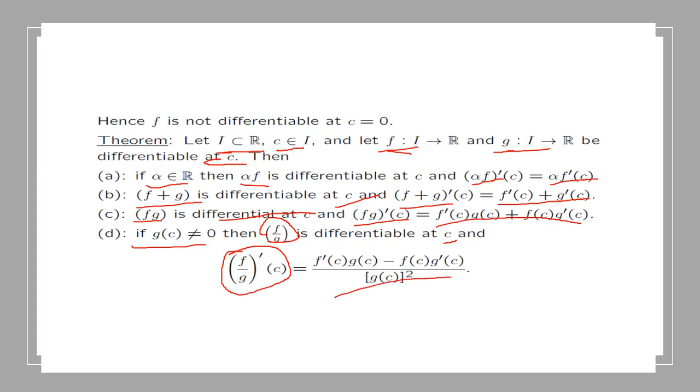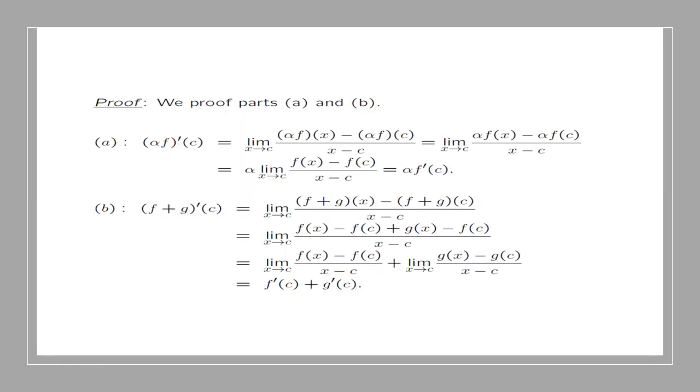Now we'll do a proof of parts A and B, and then we'll leave the proof of parts C and D as an exercise for you. So for the first part, we note that by definition, the function alpha F applied to x is the same as alpha times f of x.